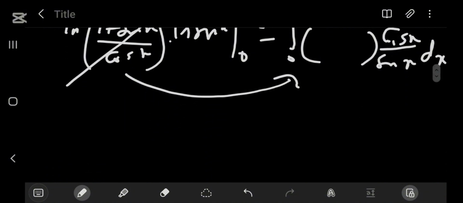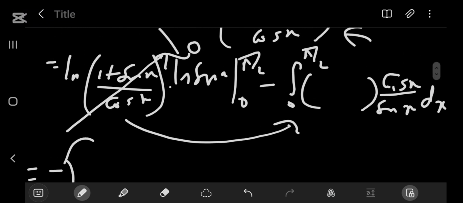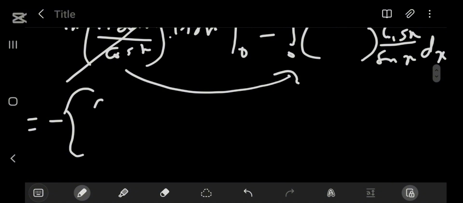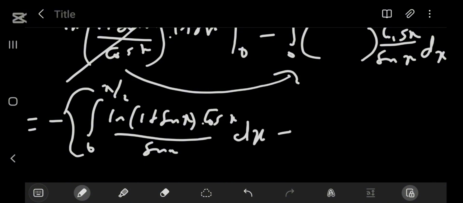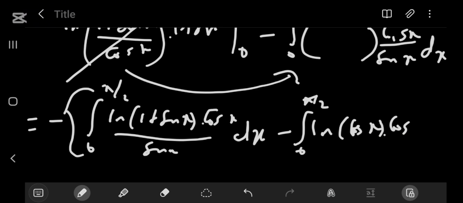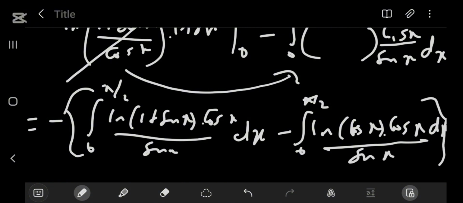So we are left with minus parenthesis. Let's separate these two guys. So we'll get the integral of ln of 1 plus sine x times cosine x over sine x dx, minus the integral from 0 to pi by 2 of ln cos x dx over sine x. Okay, don't forget the bracket here.